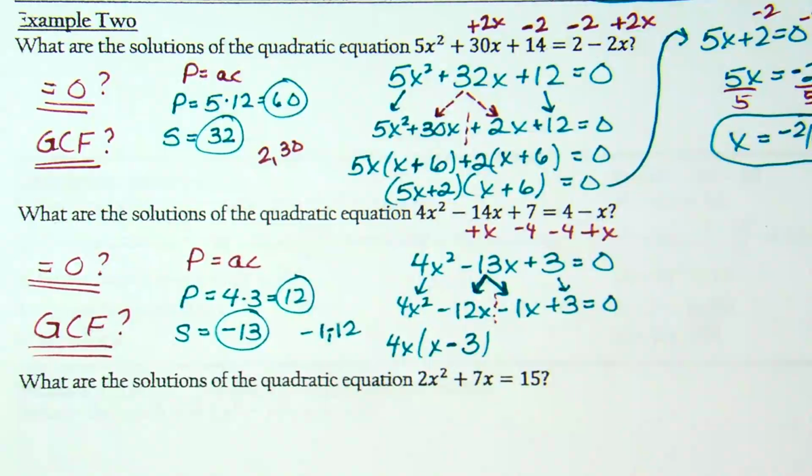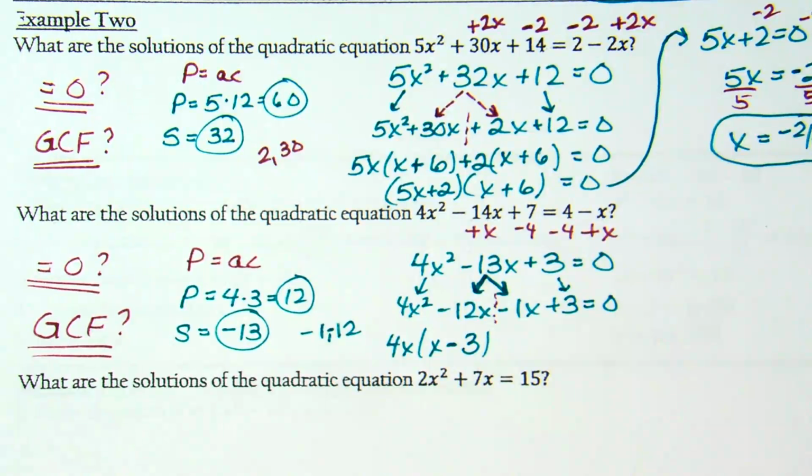Now, second half, minus 1x plus 3. What's my GCF of minus 1x plus 3? 1. Need to use negative 1. Negative 1. Okay? And it matters. Anytime that first number is negative there in the second half, that usually means we have to use a negative.